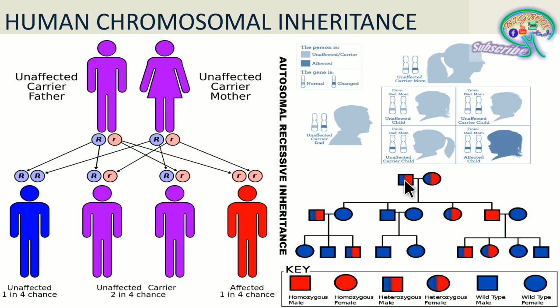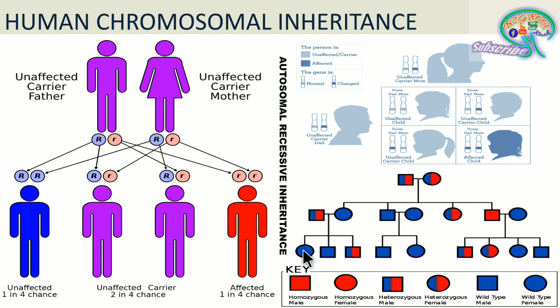First generation has no signs of the affected individual, in the sense the defective gene is present in the recessive allelic form, but the expression has not taken place. In the second generation, you have seen one individual got affected, and in the third generation, there is no individual got affected.